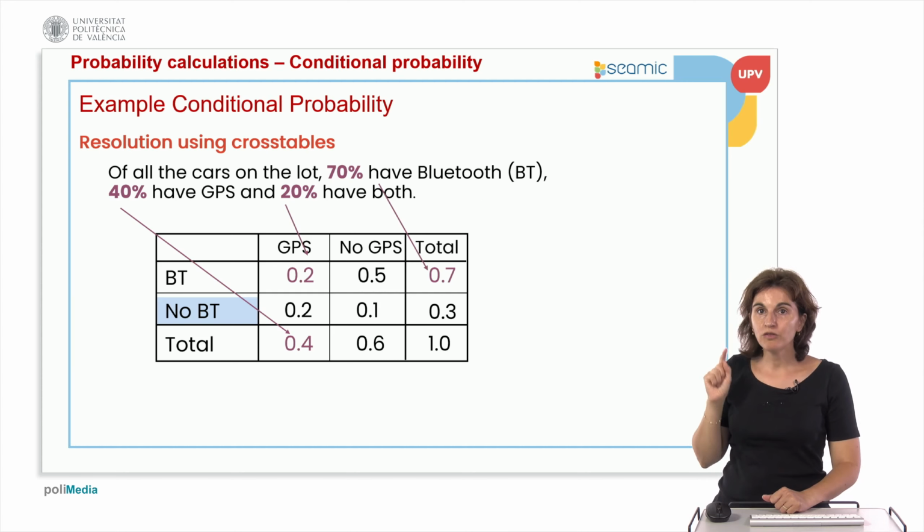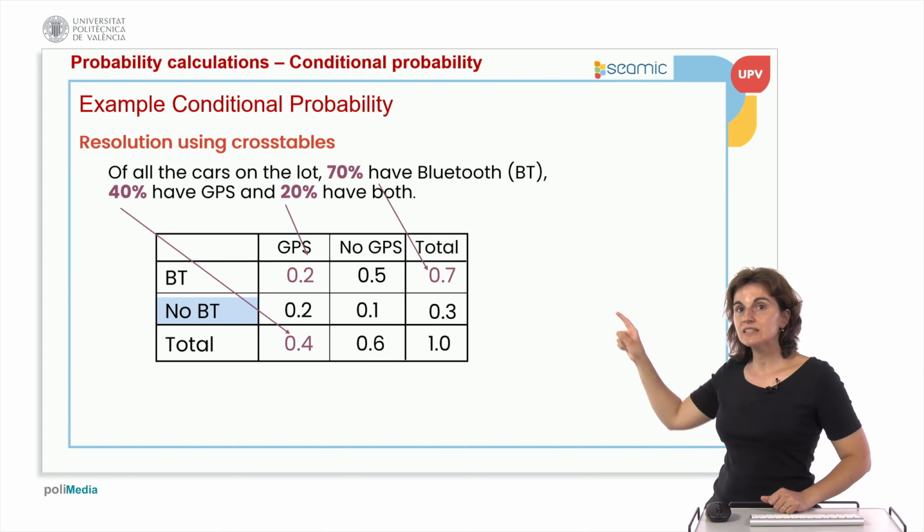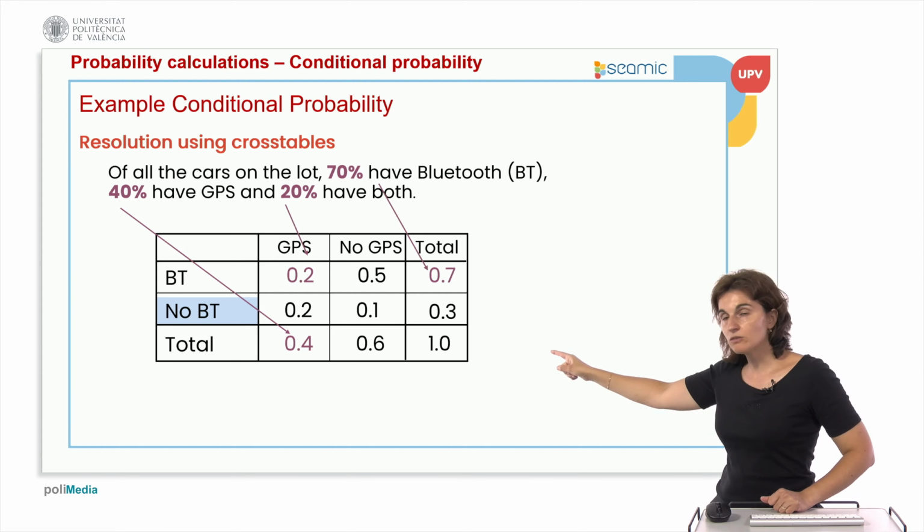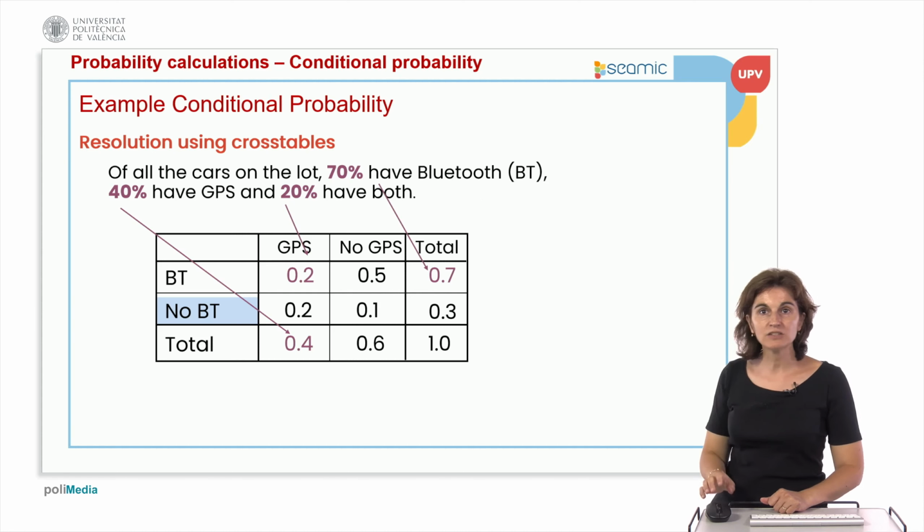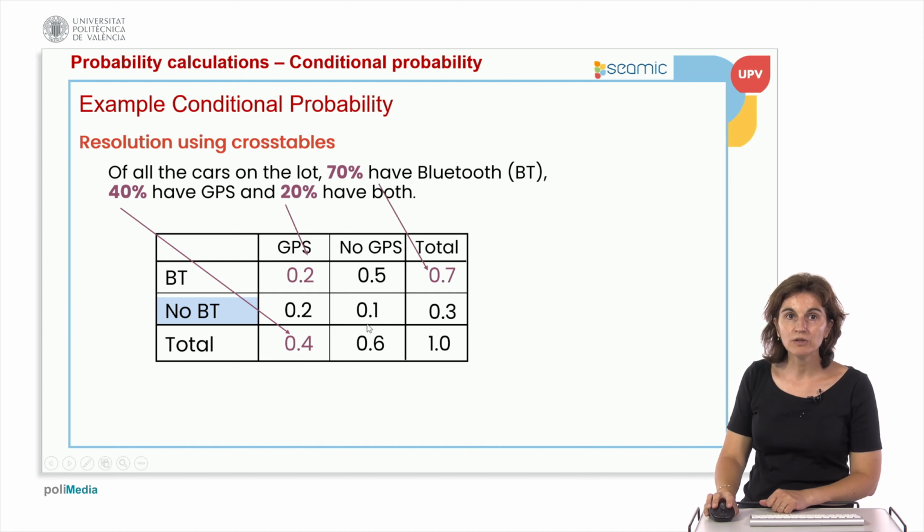And also 40% is at the bottom of the table in the column GPS, as you can see here, the 0.4. Here you can see that 40% have GPS.